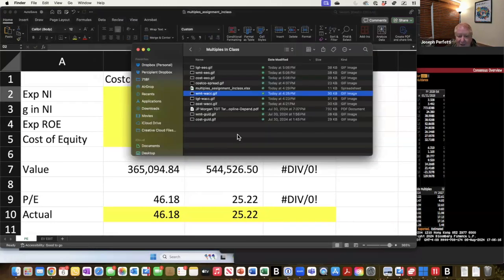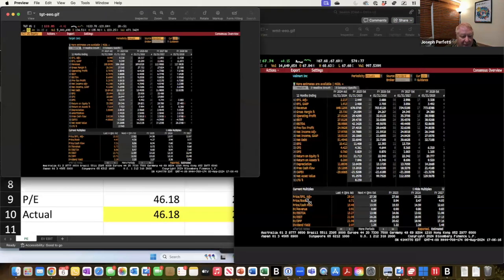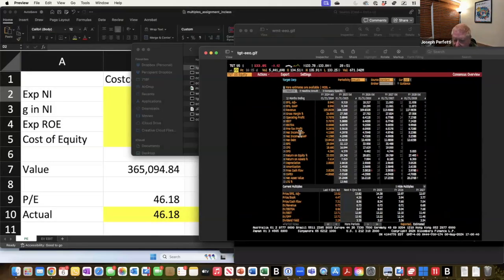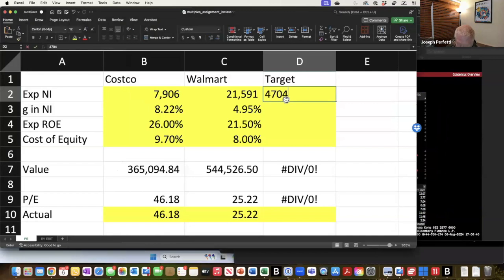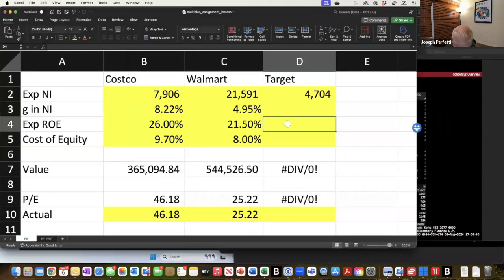And then we do Target. Same thing. Target EEO. Second forward year net income, 4704. Return on equity last year, 34, 29, 29, 30, 27. I don't know, say 28.